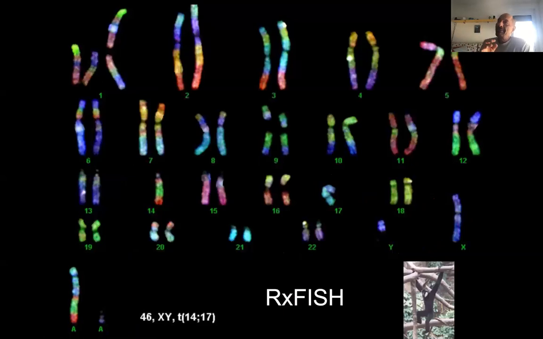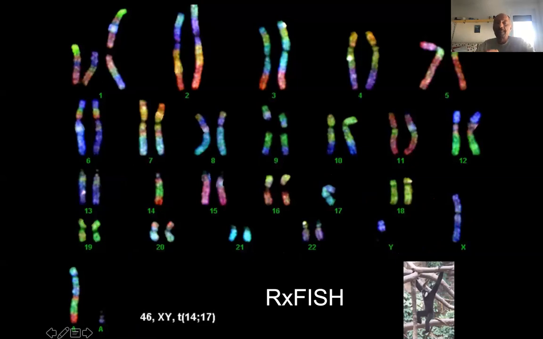Can we try to mix M-FISH and M-band? Well, one attempt to mix is to do what is called the rainbow cross-species fluorescence in situ hybridization, or to make it simple, RX-FISH. Rainbow cross-species fluorescence in situ hybridization.